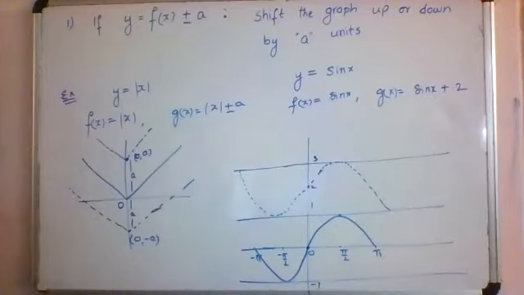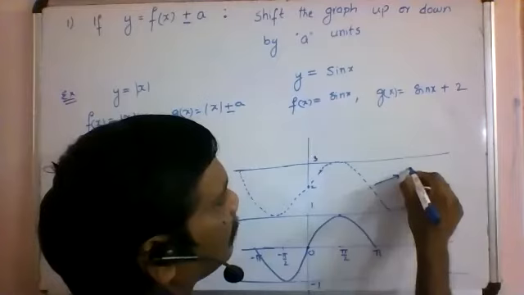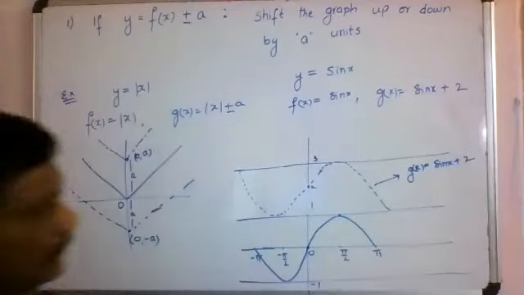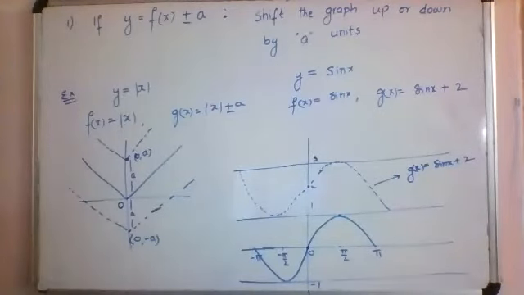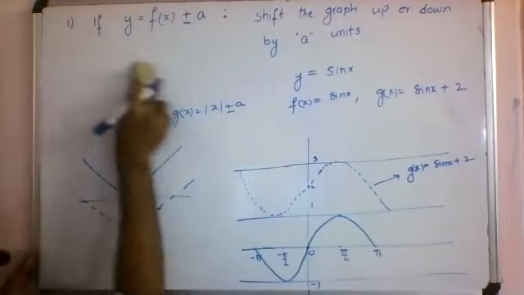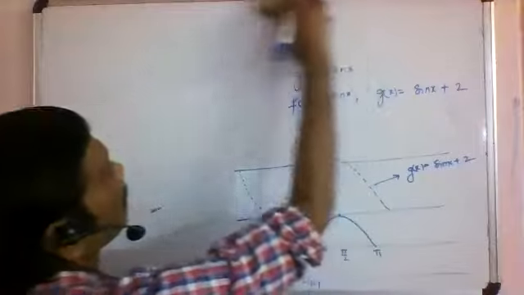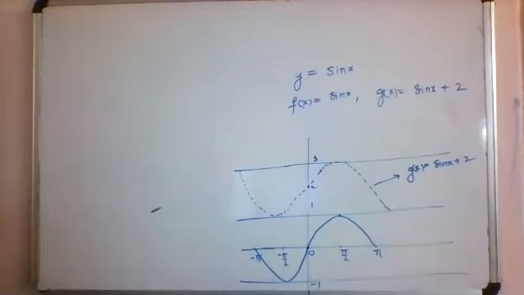Now this is the graph of g of x is sin x plus 2. You don't need a pen, pencil or scale. Drawing takes time. No need, you can draw a rough diagram.